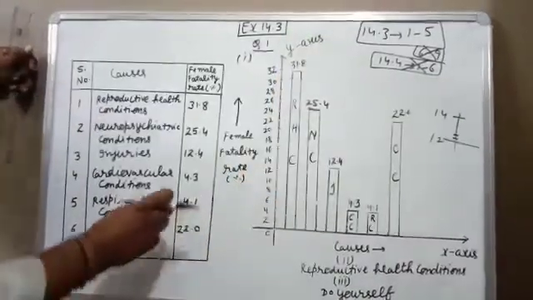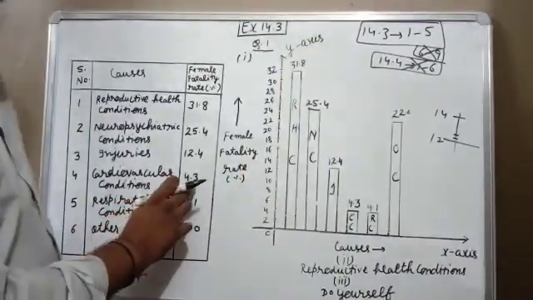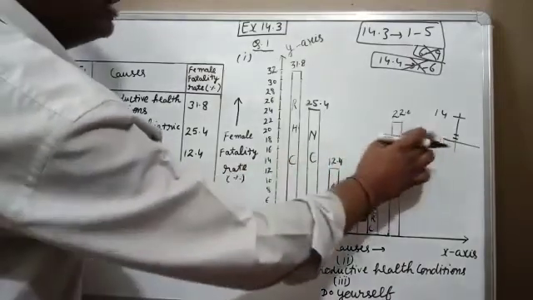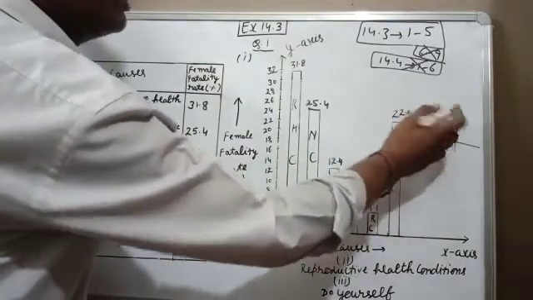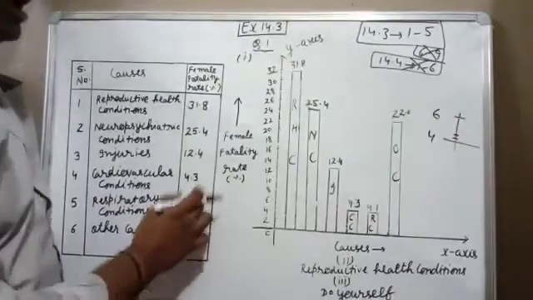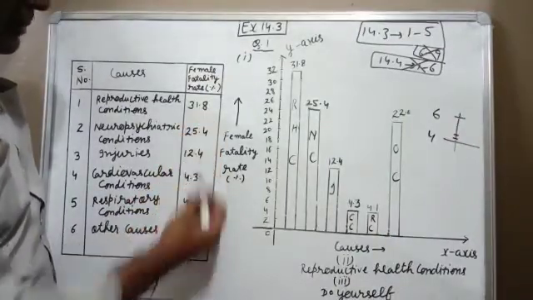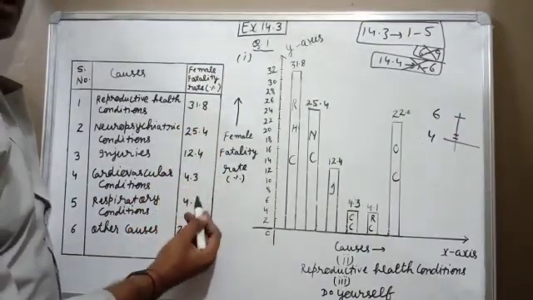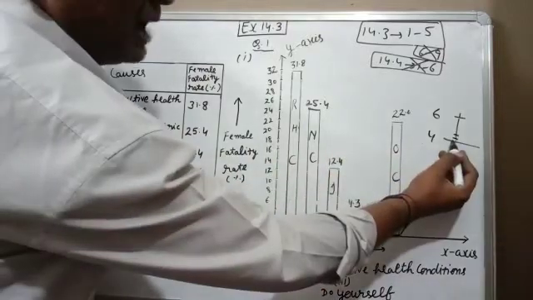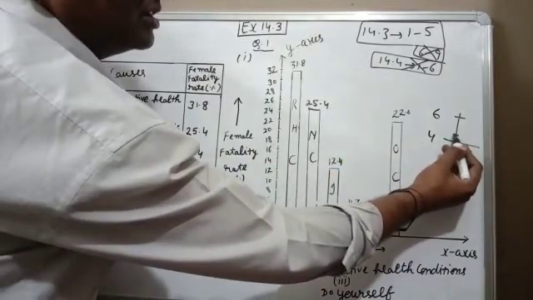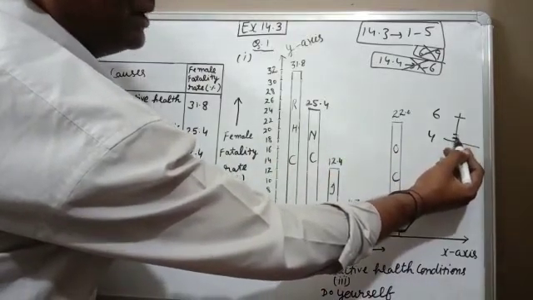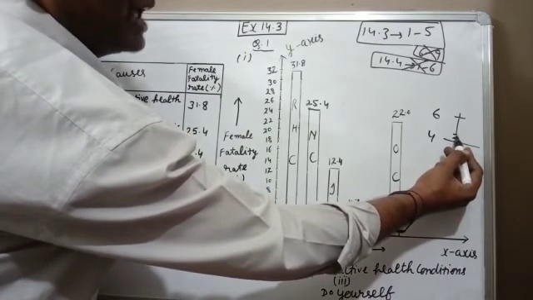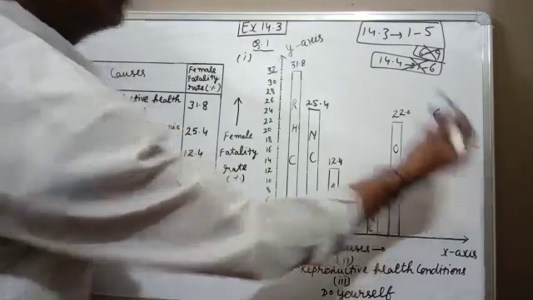Then the next value is 4.3. You have to draw these two values very carefully, because after the point both values are odd. After 4 comes 4.2, then 4.4, so between these two there is a very small gap, and this small gap will represent 4.3.